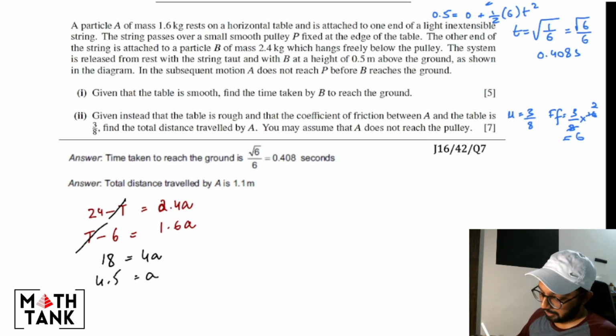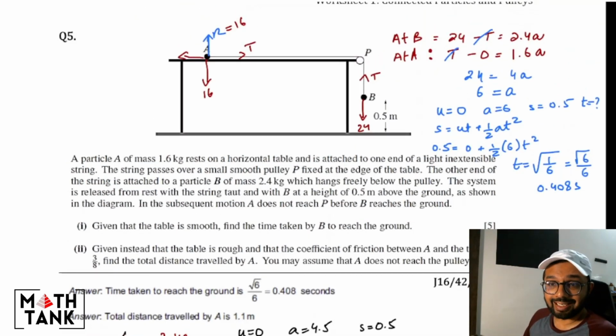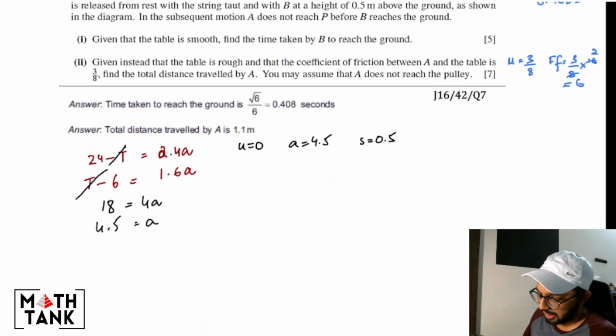Yes, okay. So what is going to happen is that it started off with a speed of 0. There was a system in place that was driving it at 4.5, and it had to travel a distance of 0.5 before B hit the ground. So what I need to find out is what was its ending speed.